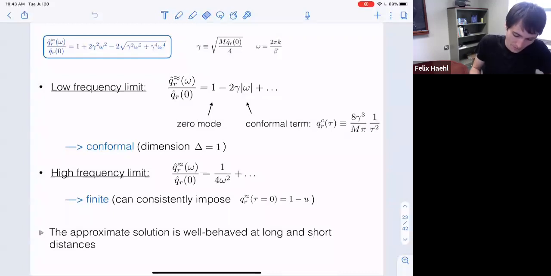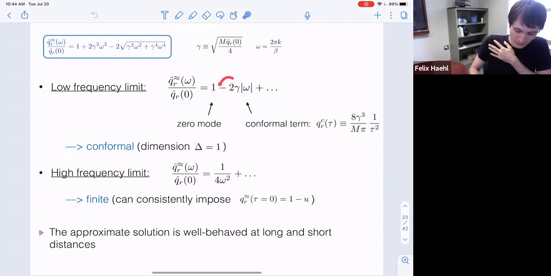One thing we can do is look at the behavior of this solution at small and at large frequencies. In the low frequency limit, you can just expand this expression, and you find this, which has a 0 mode at leading order. And then at subleading order, it has a term that's like the absolute value of the frequency.